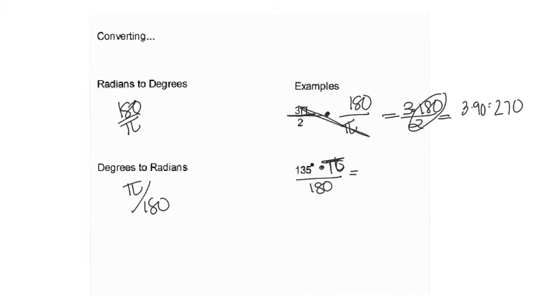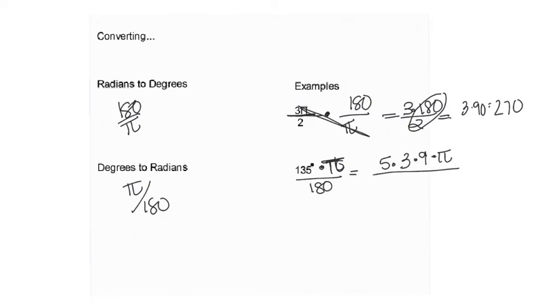So 135, I can divide that by 5, and that's 5 times 27, and then 27 is 3 times 9. So if I had 5 times 3 times 9, I'd have 135, of course, times pi.